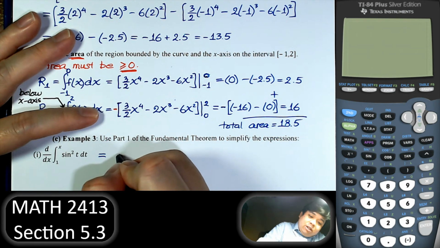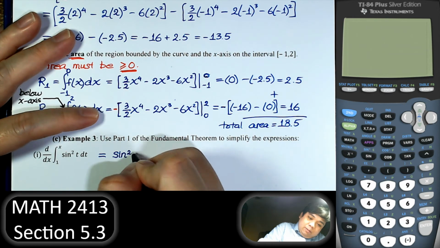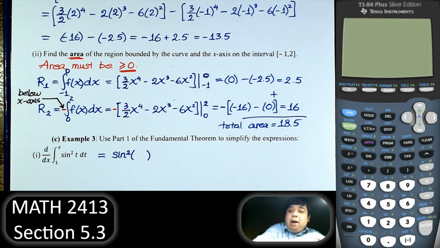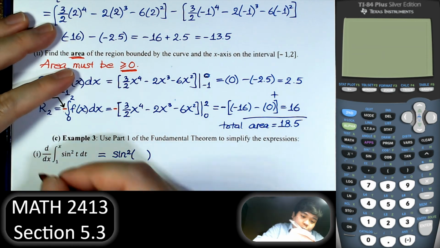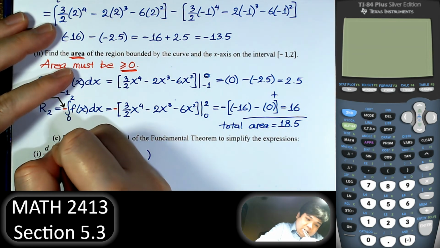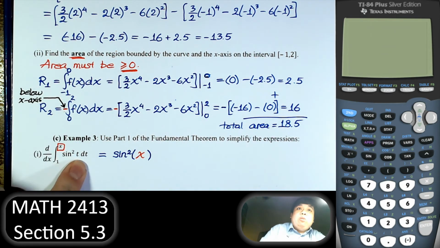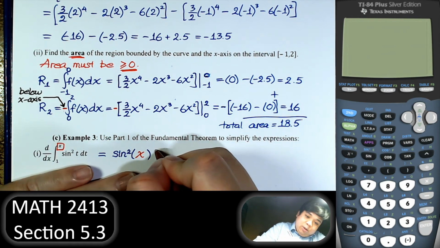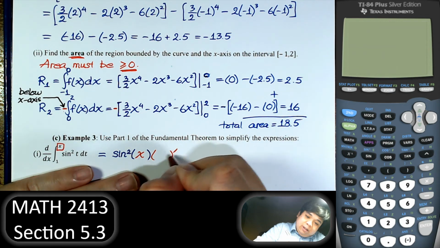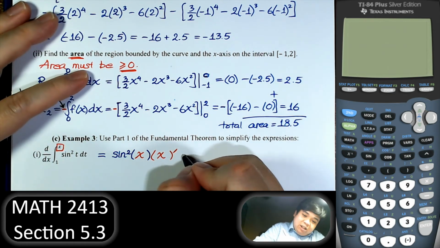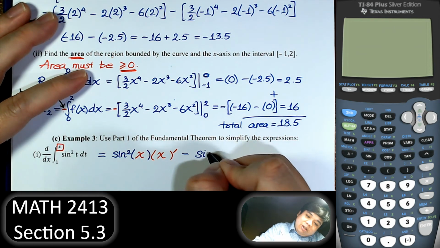the function is still the same. But we put in the upper limit for the variable t, and then we have the derivative of the upper limit. Subtract, the function is still the same.